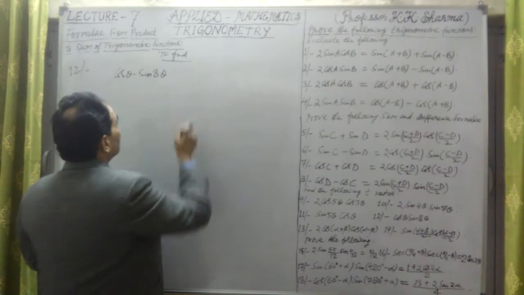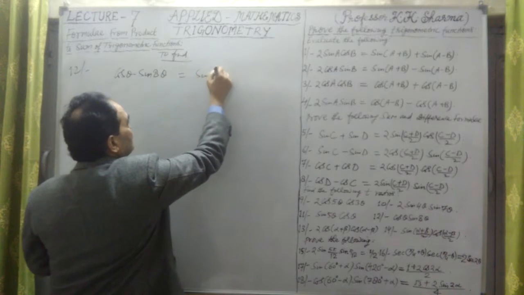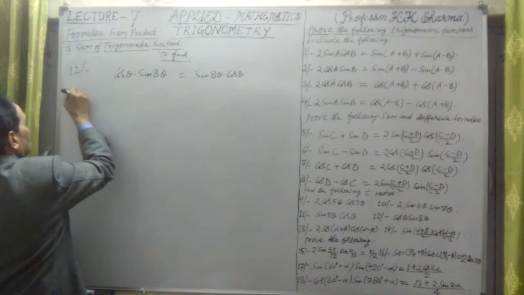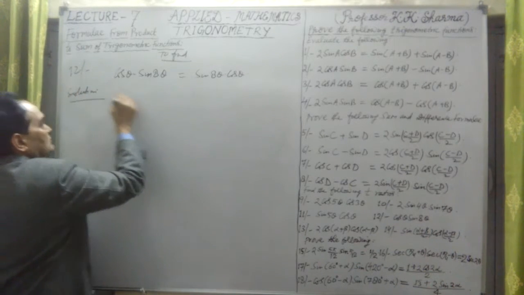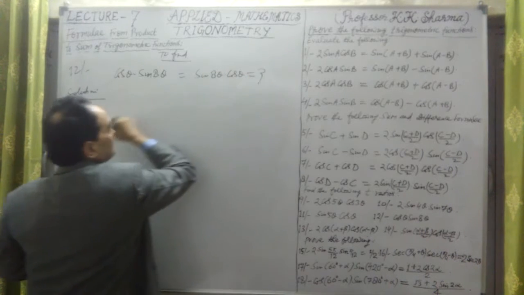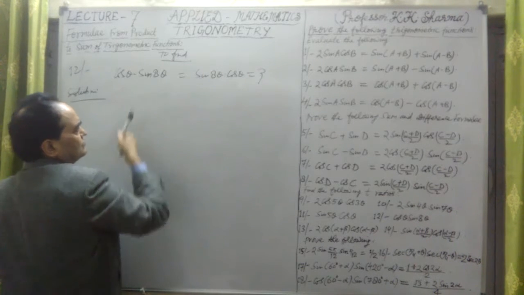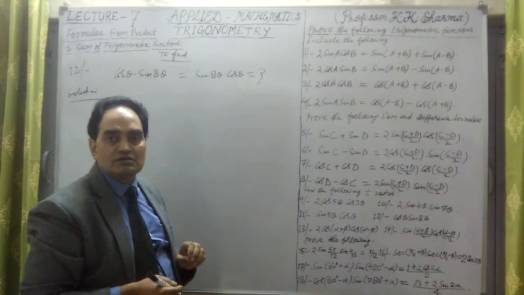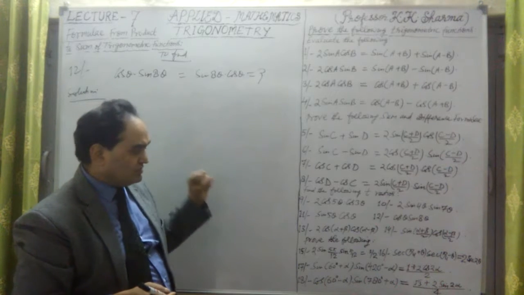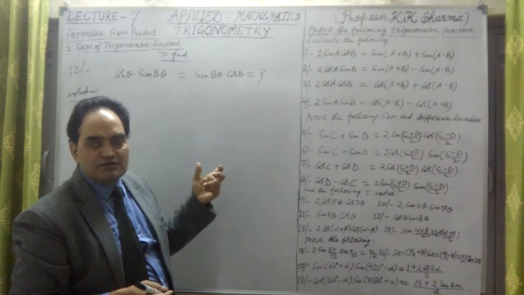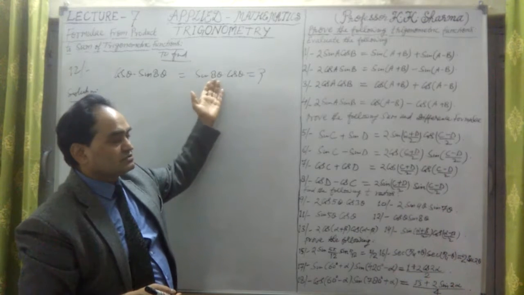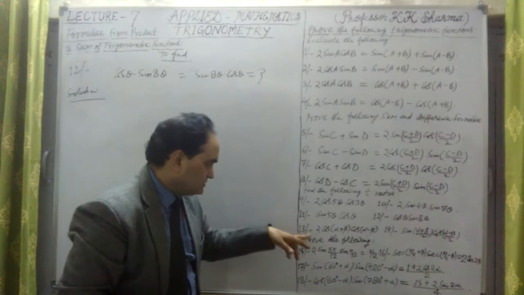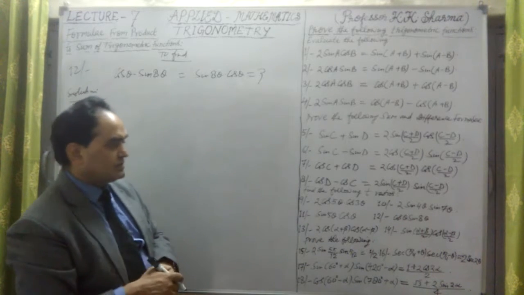So first we write it as sin 8 theta into cos theta. We have to find the value of this, either cos theta sin 8 theta or sin 8 theta cos theta. That means sin A cos B, we have to apply the formula, because 8 is bigger. We put it in the sin A cos B formula, that is from the first formula itself.